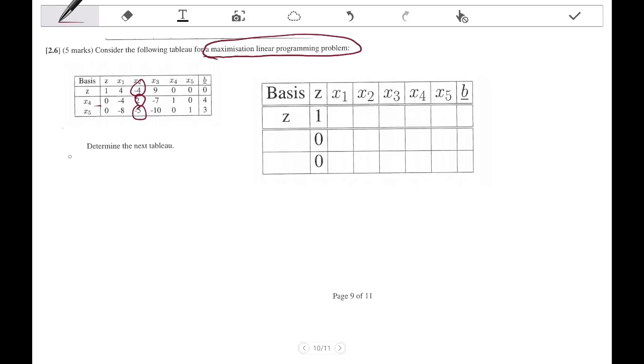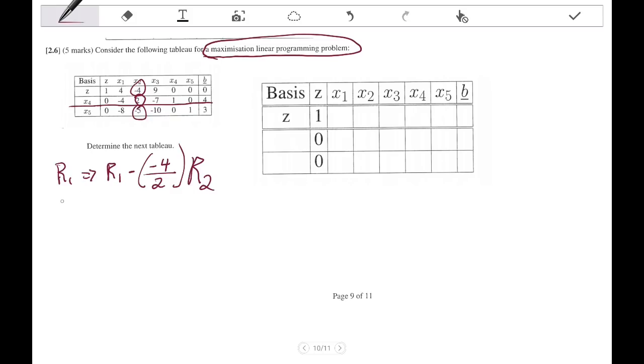To do that, for row 1 you say R1 turns to R1 minus open bracket, you take this 4, it's going to be -4, divide by 2 to get a multiplier, and multiply it by the second row, because the second row is the pivot row.